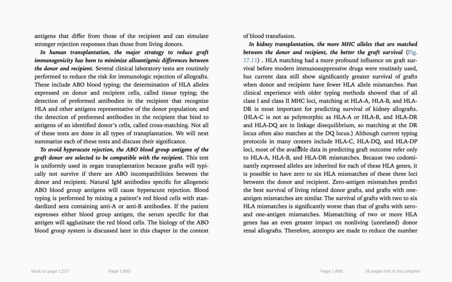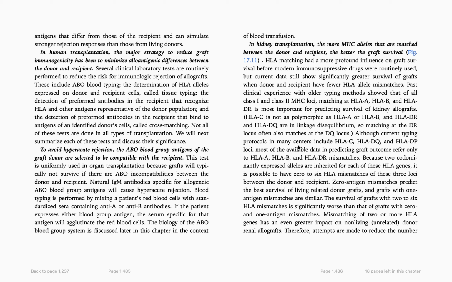Blood typing is performed by mixing a patient's red blood cells with a standardized serum containing anti-A or anti-B antibodies. If the patient's cells express either blood group antigen, the serum specific for that antigen will agglutinate the red blood cells. The biology of the ABO blood grouping system is discussed later in the chapter in the context of blood transfusion.